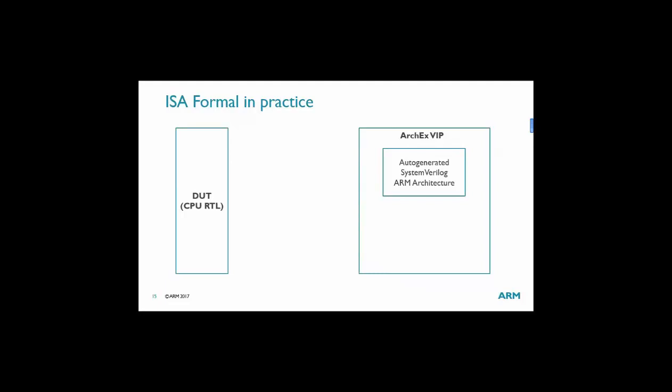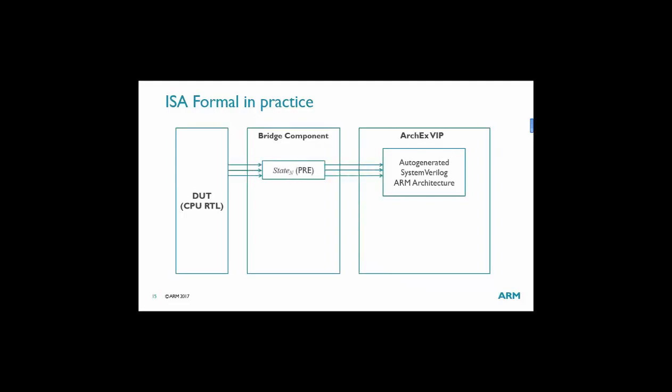We need to extract, as we discussed earlier, the architectural state from the DUT, and for that we need a bridge component that hooks into the signals inside the RTL and extracts that architectural state. So there is the pre-state being extracted by the bridge component, and that is fed to the VIP. You also feed it the instruction and an enable signal to tell it this instruction is executing now and it's valid to do checks.